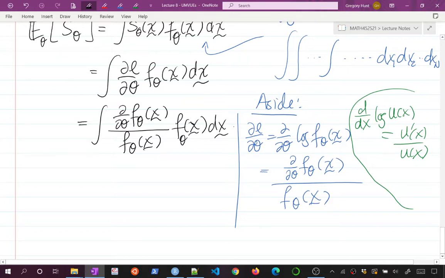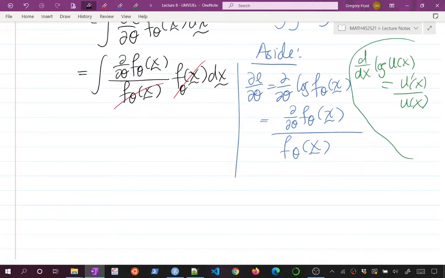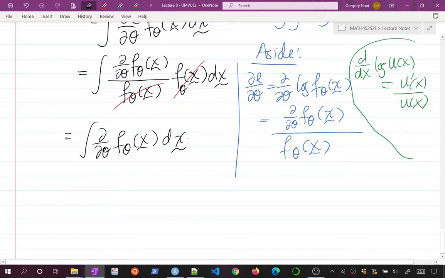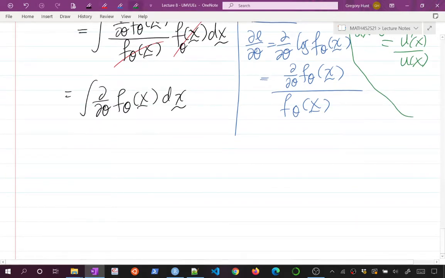We integrate, and we notice you can cancel those out. What we're left with is the integral of the derivative of our PDF. Now, I'm going to make a move here, and this move is only legal in certain circumstances.